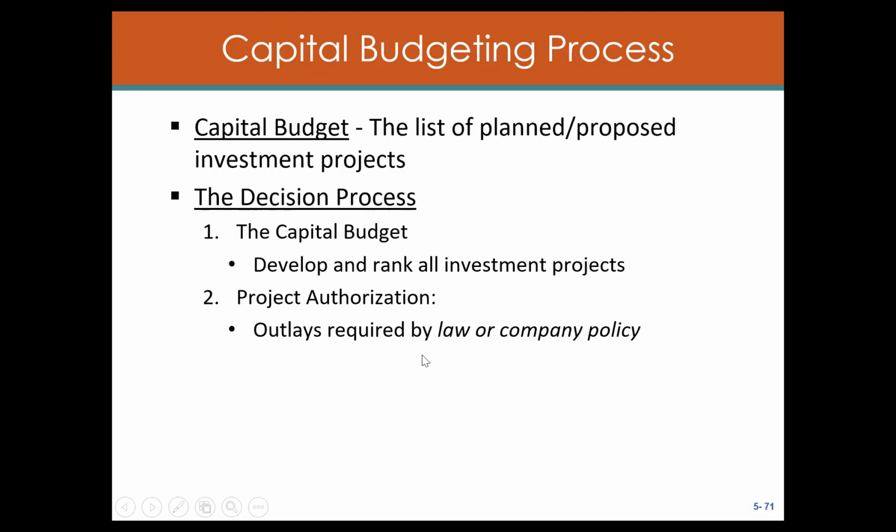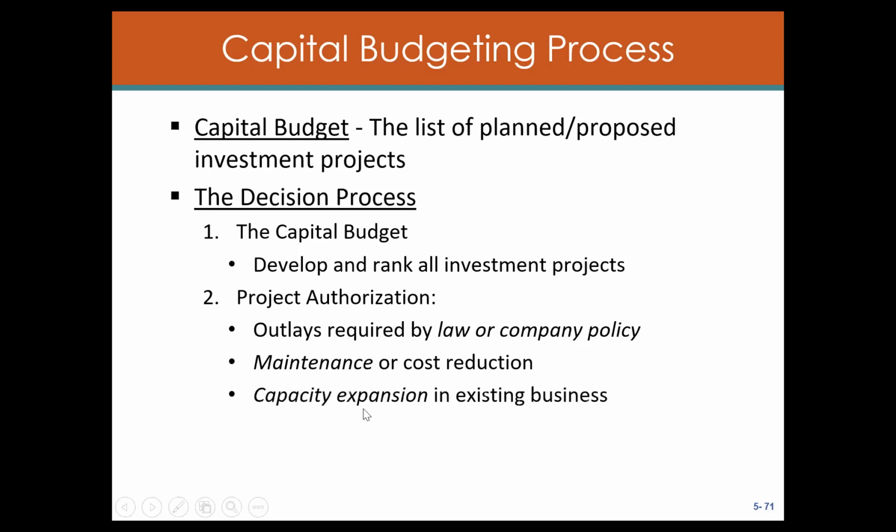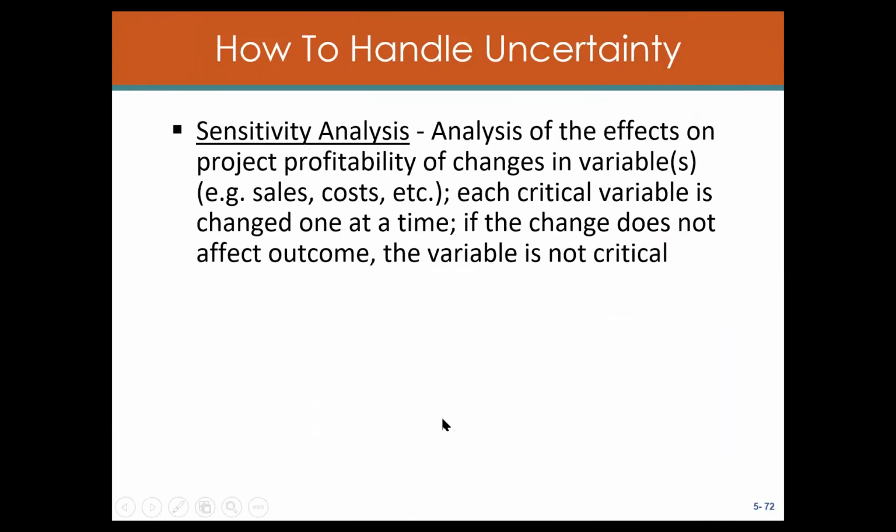This can happen because of so many reasons. Maybe there is a new legislation that requires you to buy something, or some maintenance or cost reduction reasons, you're supposed to do an overhaul, or because you want to expand your capacity, you want to make an initial investment, right? You want to expand in the area of new products, so that can be a capital budgeting decision. So many reasons there can be.